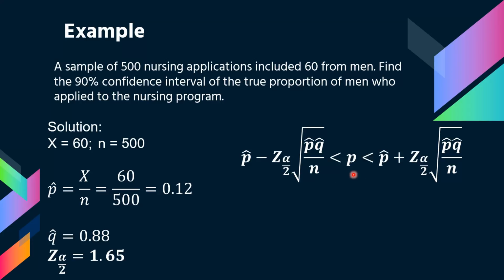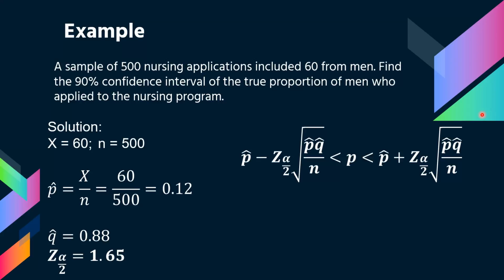So our proportion of the population for men, and then we have the proportion of the sample, the z-score, the p-hat, the q-hat, and the sample size.